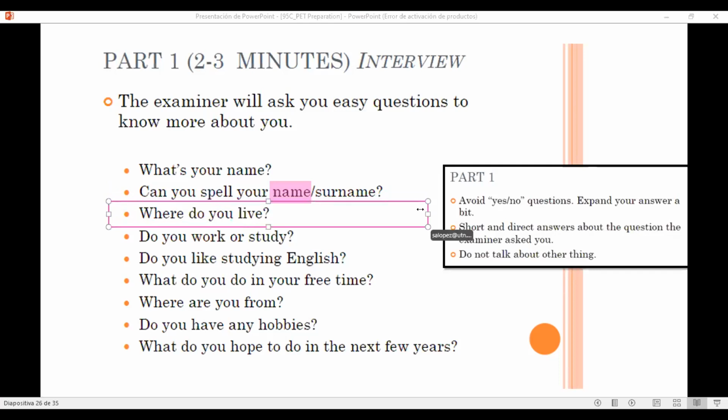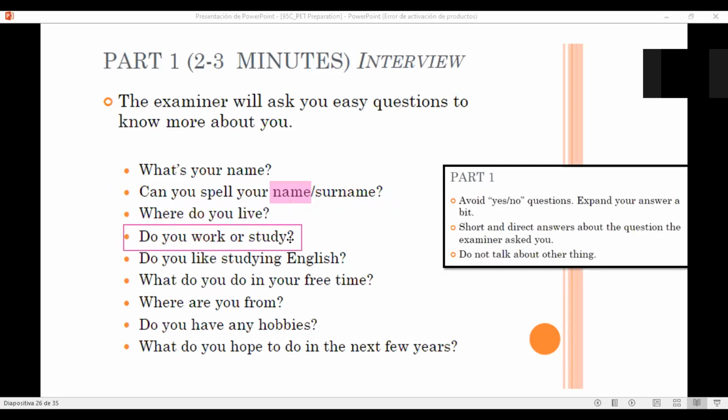So now, can you help me answering this question? Where do you live? Can you answer this one, please, George? Where do you live? I live in San Antonio de Ibarra, teacher. Exactly, perfect. What about you, Michael? Michael Israel, where do you live? I live in Ibarra, teacher.